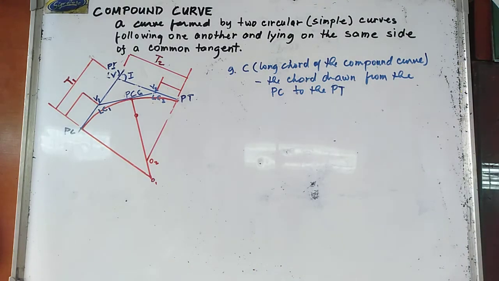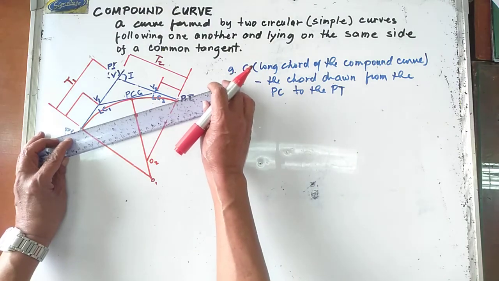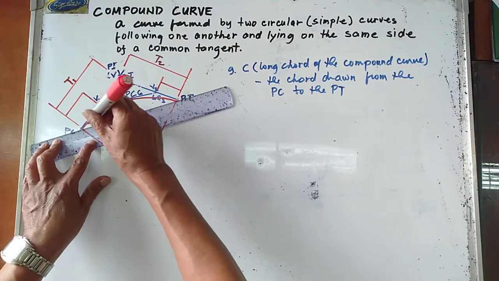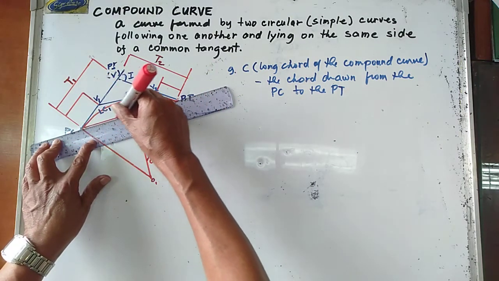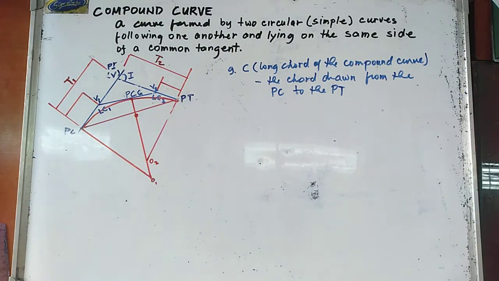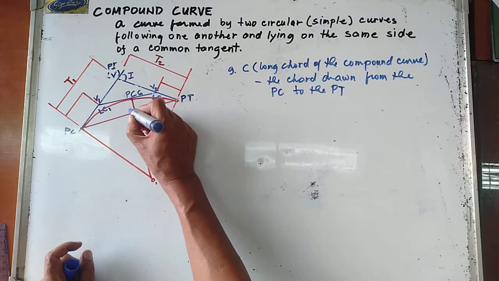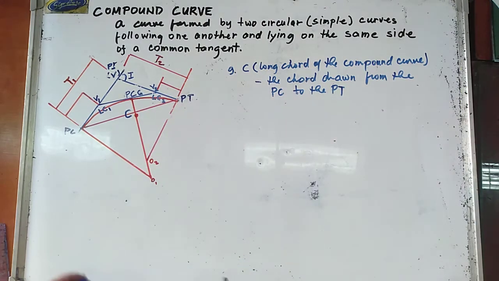So this is therefore the long chord of the compound curve. It is the distance drawn from the PC to the PT of the compound curve, and we denote this as capital C.